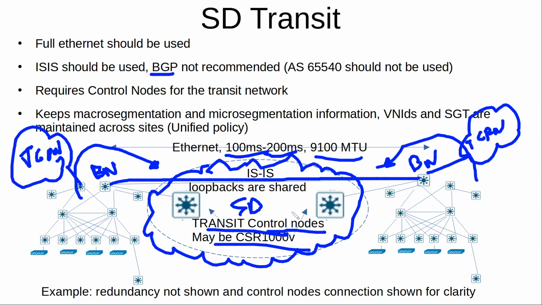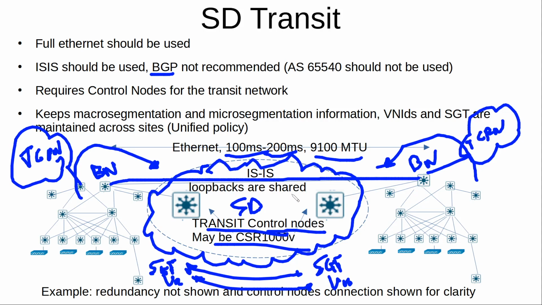So this has the advantage that the scalable group tags and VNID information can travel across the wide area connection.